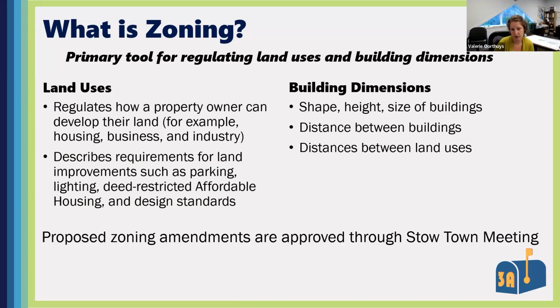Our zoning talks about requirements for improvements made to the land, such as parking, lighting, deed restricted, affordable housing, and also design standards. And then zoning can also talk about building dimensions. So the shape, height, size of buildings, distance between buildings, separating land uses. And it's important to know that all zoning changes need to go through Stow town meeting. So they all need to be locally adopted.